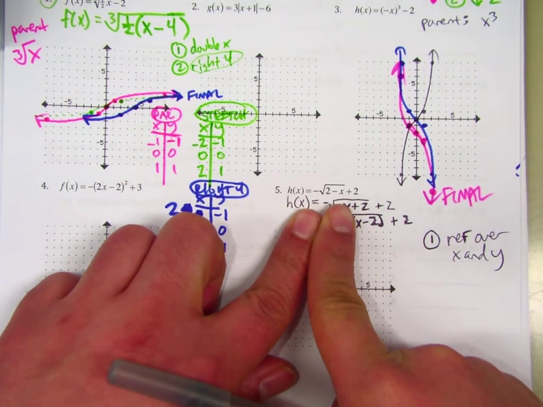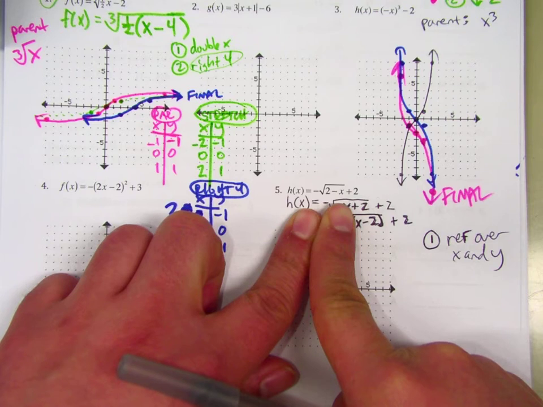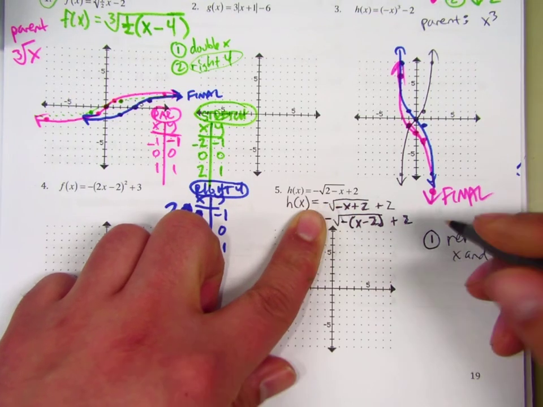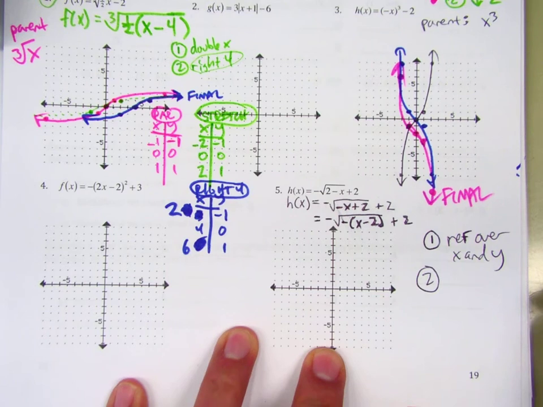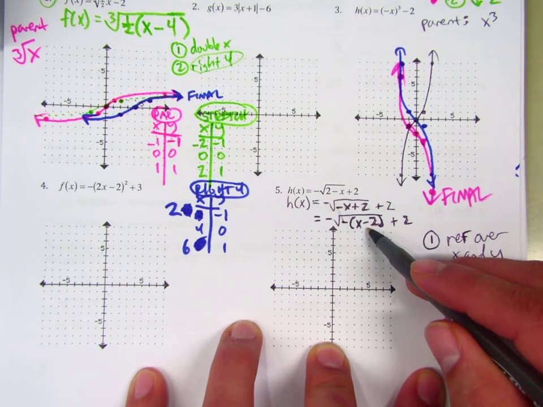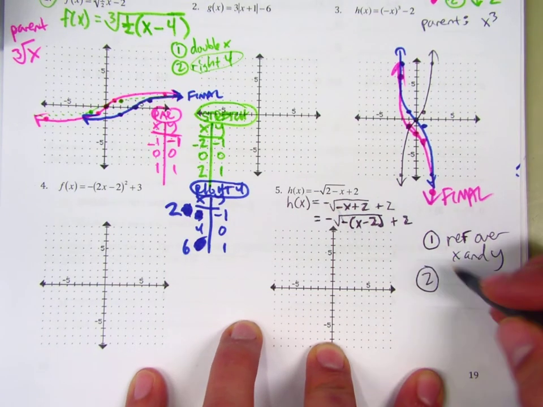Now, is there any stretching at all? Any multiplying or dividing of coordinates? Okay, I agree. No. So what's left? So how do we move? This minus 2 moves it 2 to the right. So right 2.